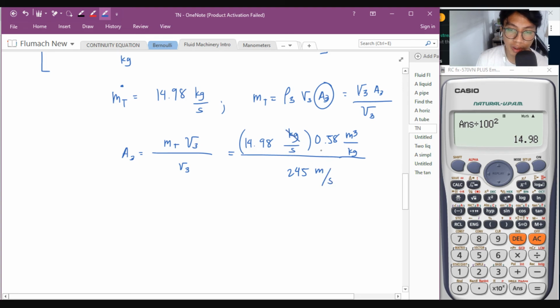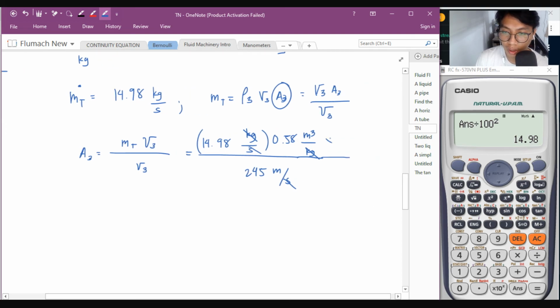So, cancel yung kilogram, cancel yung kilogram, cancel yung seconds, seconds. Dapat makancel yung meter. You have yung kanyang conversion factor na 100 cm squared divided by 1 meter squared. Cancel all the same units, yung meter cube, yung meter dito, isa. So, meter squared. Ang natira is cm squared. Ayun na, pwede na nating isolve.